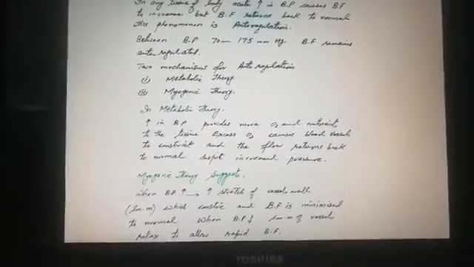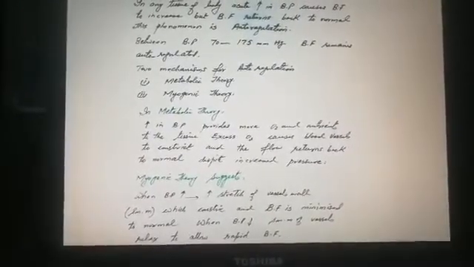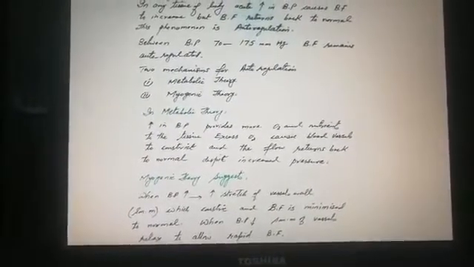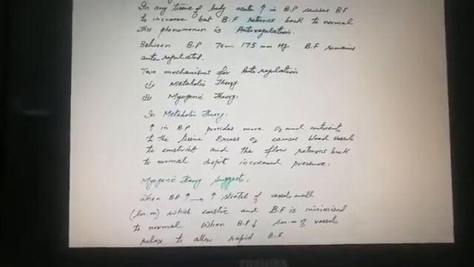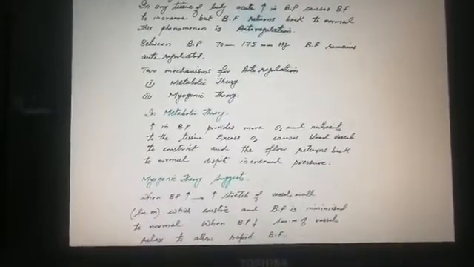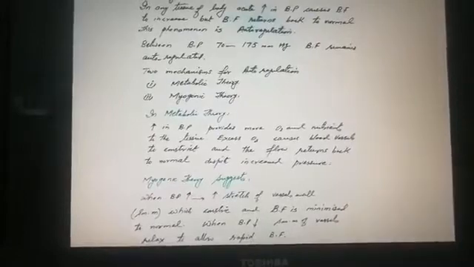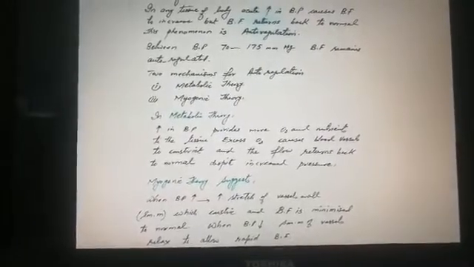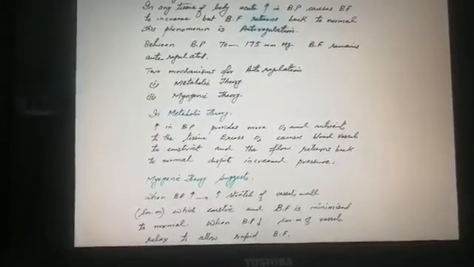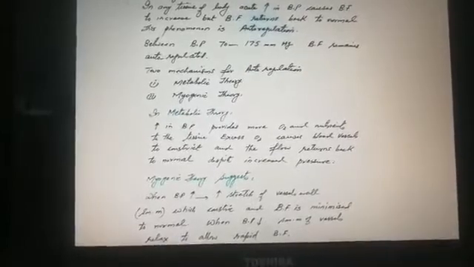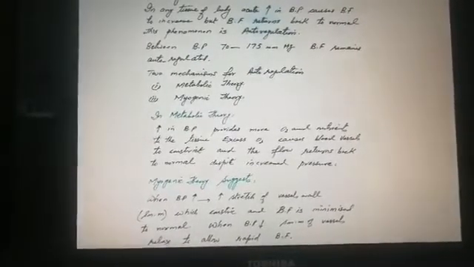So when the BP increases, there is stretching in the vessel walls, and the blood flow is minimized, and the reverse will occur in case of decrease in BP.